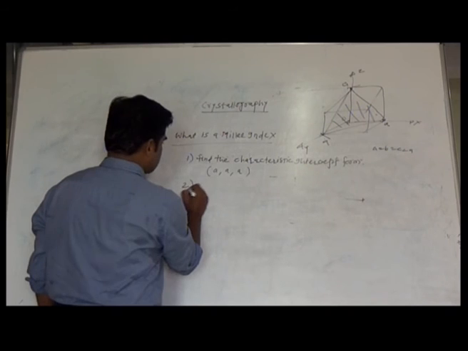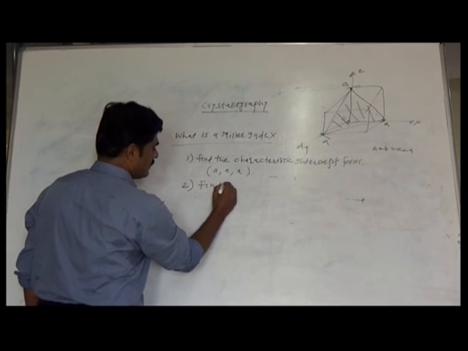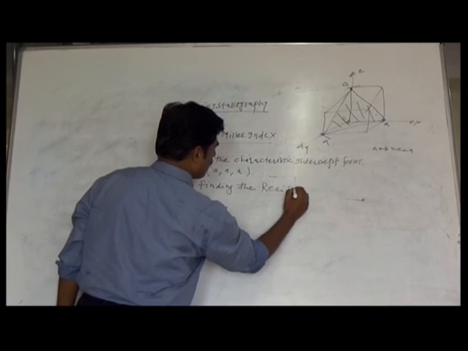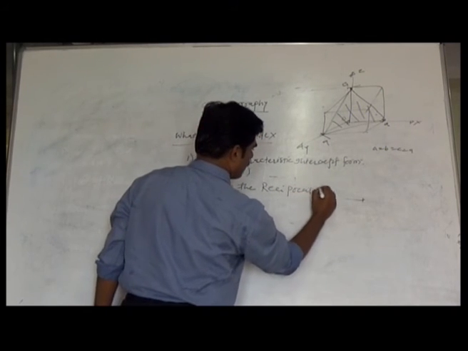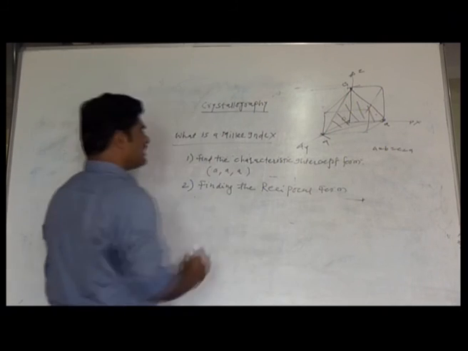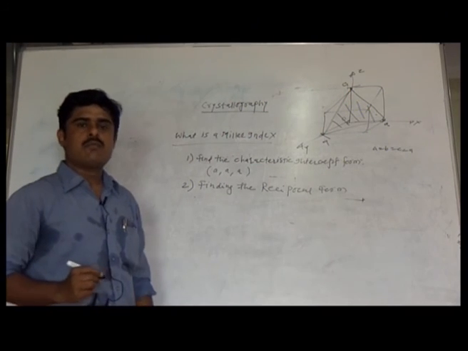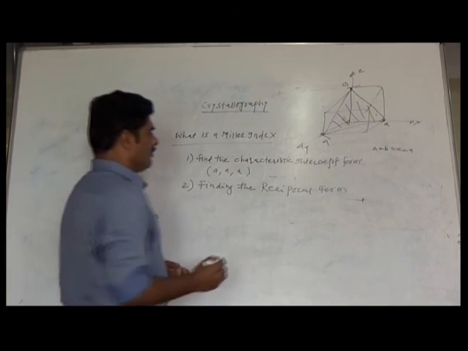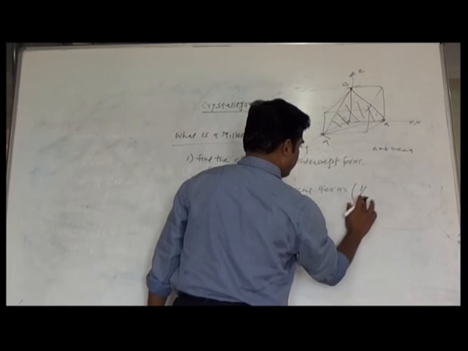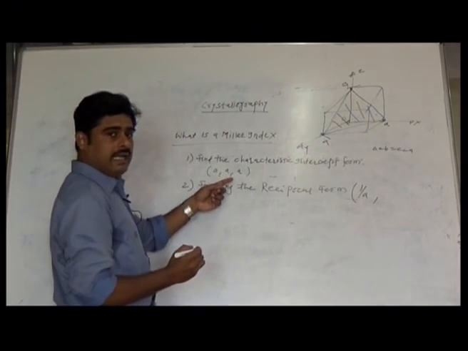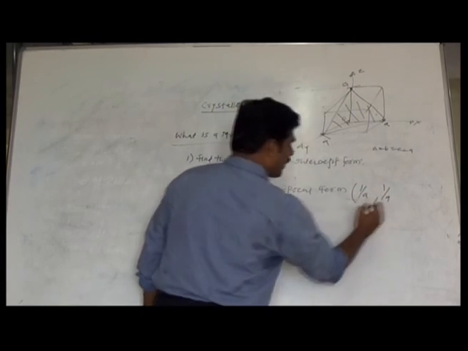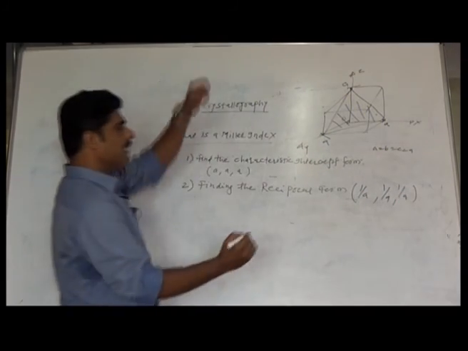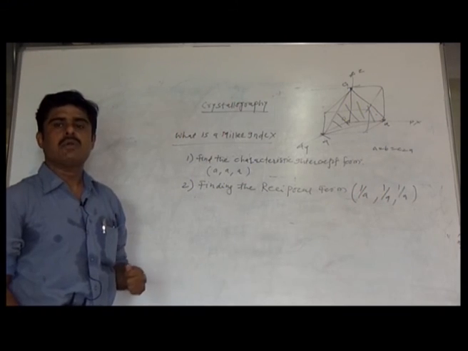Second step is finding the reciprocal form. So whatever step 1 gives me as intercept form, I need to take the reciprocal form of it. So if I have got A, my reciprocal form says 1 by A. Again A, it is 1 by A. Last A, 1 by A. So I have 1 by A, 1 by A, 1 by A. This is my reciprocal form.